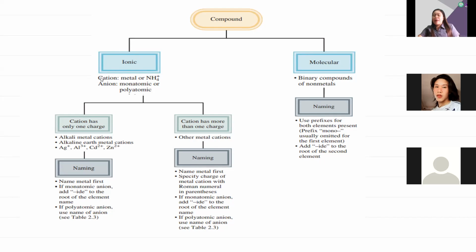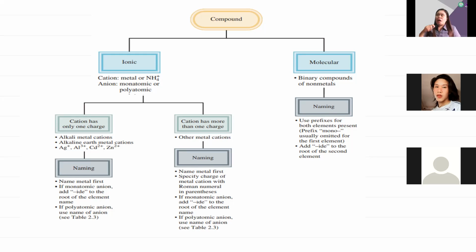And then there is the anion part, which can be monoatomic, mostly non-metals, or polyatomic. If the cation has only one charge, like alkali metals or alkaline earth metals, we just name the metal first, and the anion's ending changes to IDE. But if it is a polyatomic ion, just name the polyatomic ion directly. If the cation has more than one charge, we name the metal but indicate its specific charge, positive 2 or positive 3, using a Roman numeral inside parentheses.